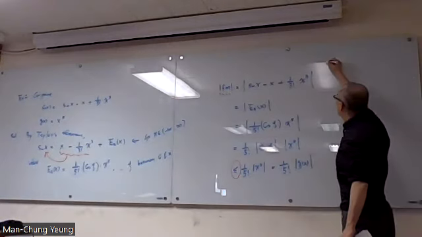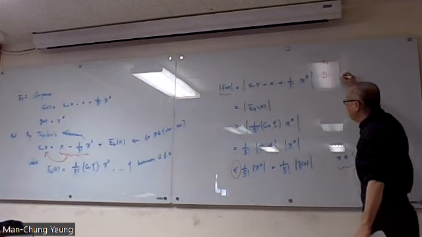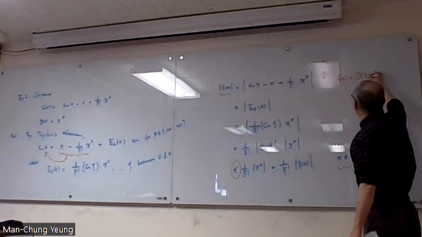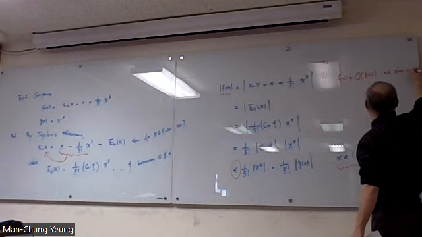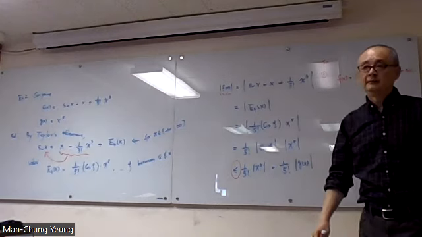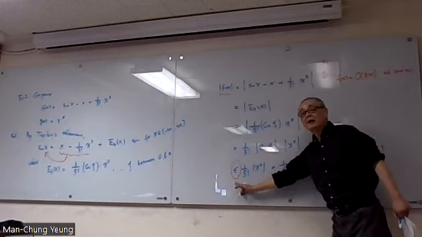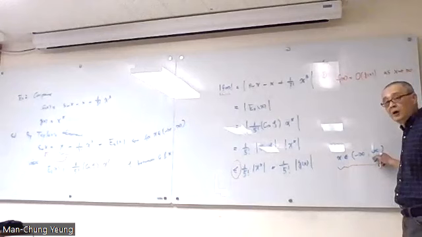Number one, I can say that function f is big O of function g as x approaches infinity, because this inequality holds on this interval.